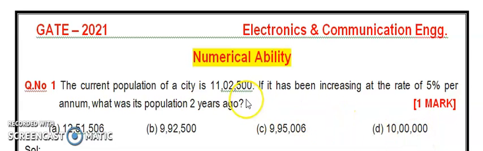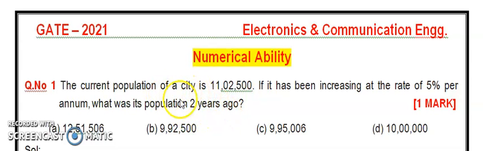So here, this question is closely associated with your compound interest formula. It is increasing at the rate of 5% per annum, so the rate is 5% and the duration is 2 years ago.